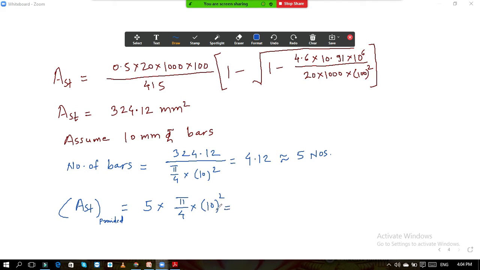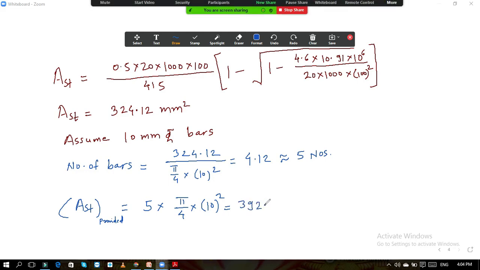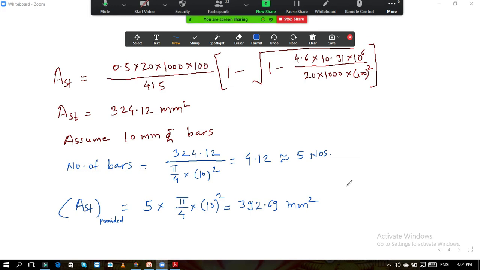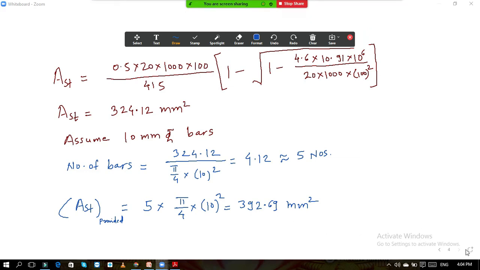The value is 392.69 mm square. So now calculate the spacing.